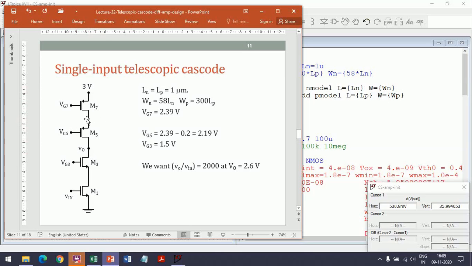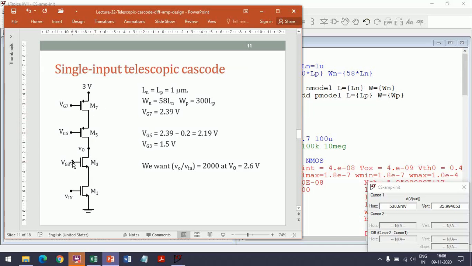And the gate source voltage of the PMOS will be the same as the gate source voltage of M7. Whatever the gate voltage of M7 is, we'll subtract 0.28 for the 0.2 across M7, and therefore we get a gate voltage of 2.19 for M5.